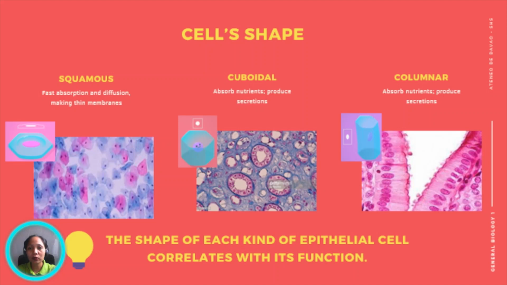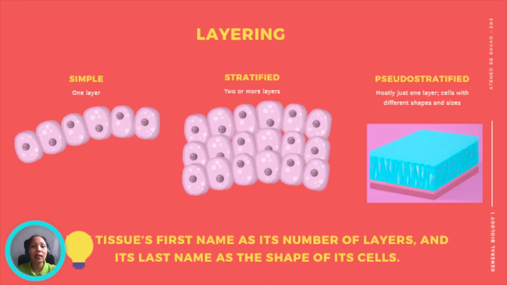So take note that there are three shapes of a cell. We have the squamous, cuboidal, and the columnar. Now let's learn the layer of the epithelial cells. When you say simple, it is only made up of one or single layer of cells. When we say stratified, it means that it is made up of two or more layers or multiple layers of cell.